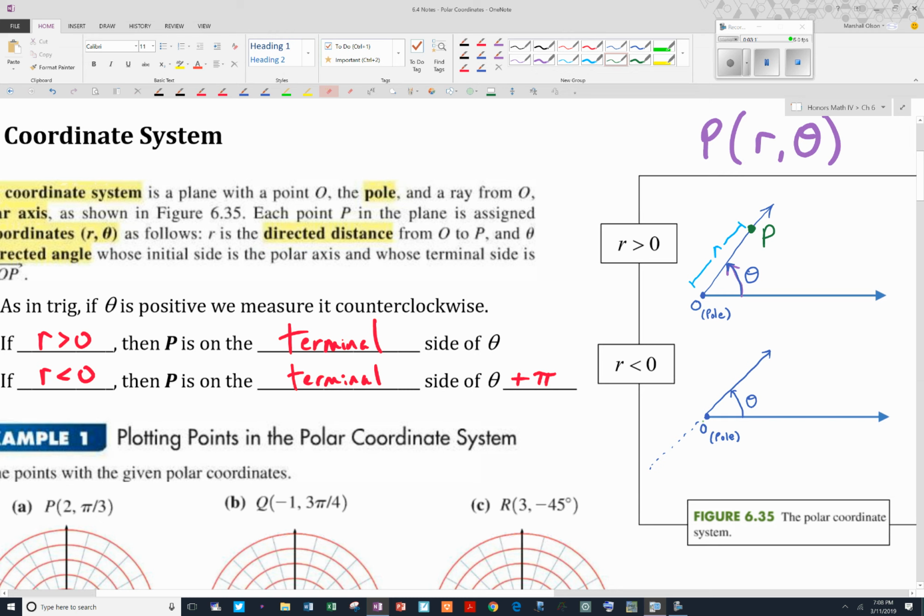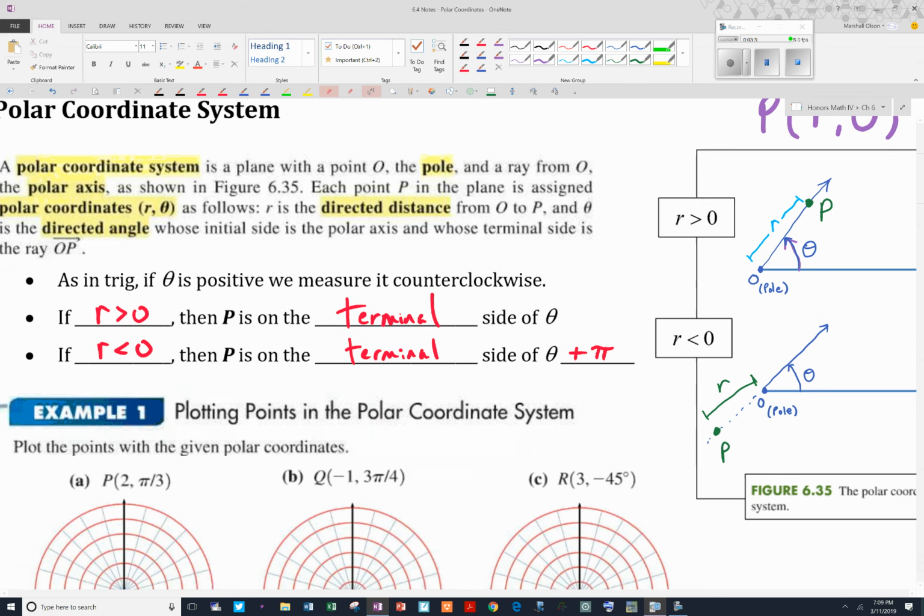So if r were negative, we'd go back and put the point P on this side, and say that this must be r units from there to there. If r is negative, then we go back to the other side. Okay, let's see that in action right here.